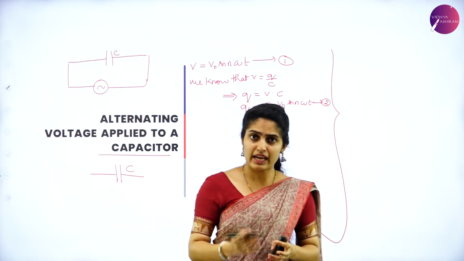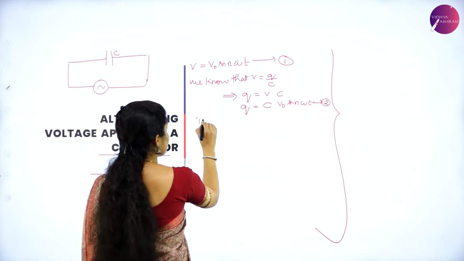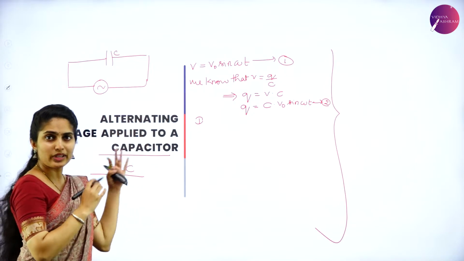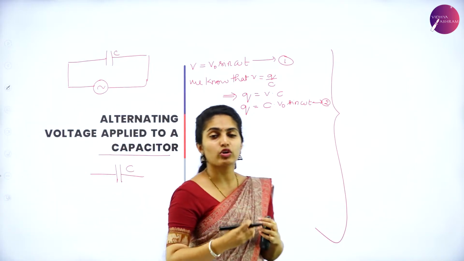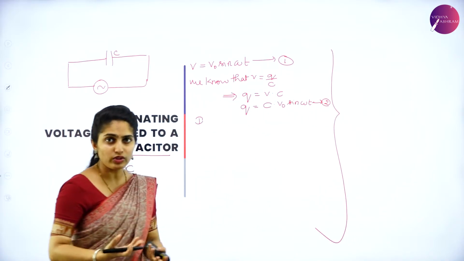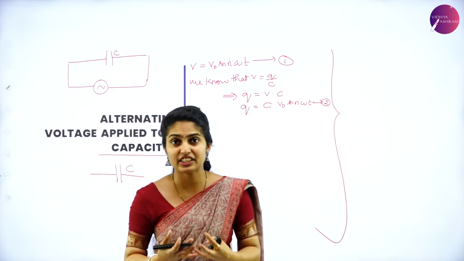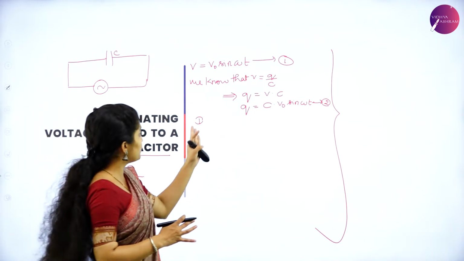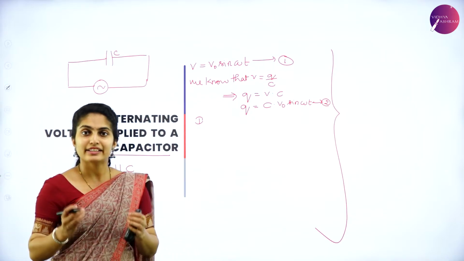We also know the current I. By applying alternating voltage to a capacitor, we need to find out the instantaneous value of the current, given the instantaneous value of voltage.